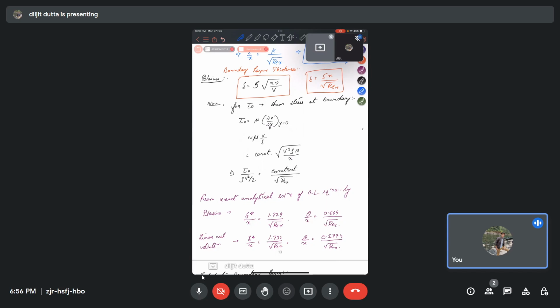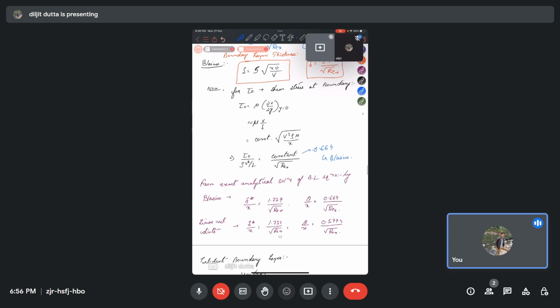Based on experiments, this constant is obtained as 0.664 by Blasius. So the shear stress at the boundary and the momentum are related as tau naught by rho v square equal to 0.664 by root Re x.